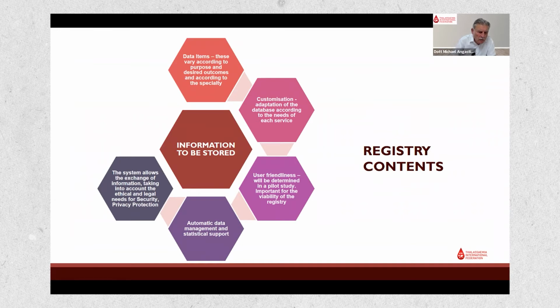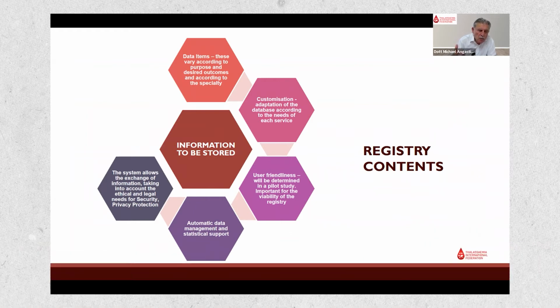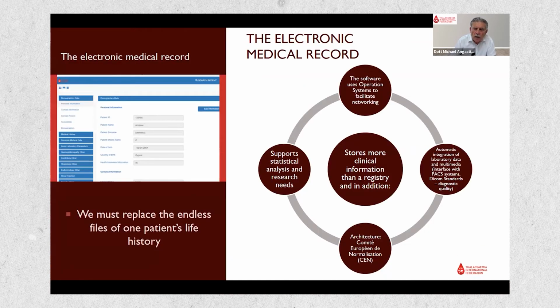So a lot of information has to be stored, has to be gathered, and there should be good automatic data management and good statistical support so that all this data can be analyzed properly.